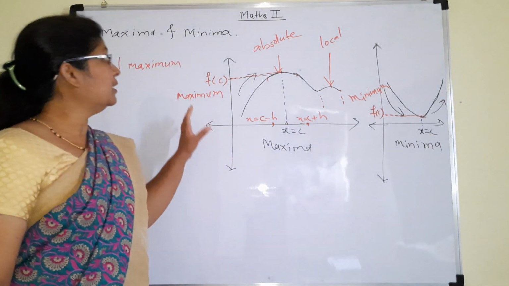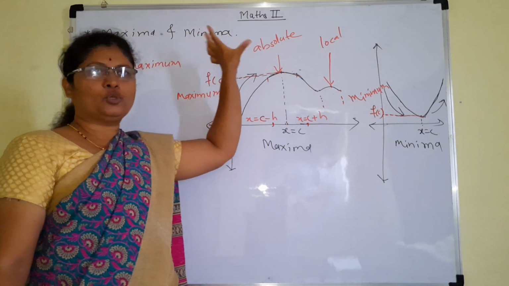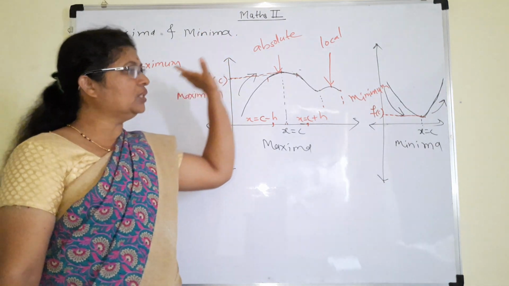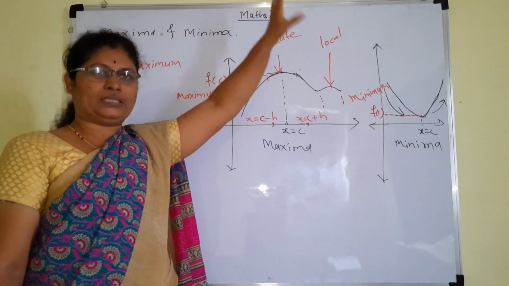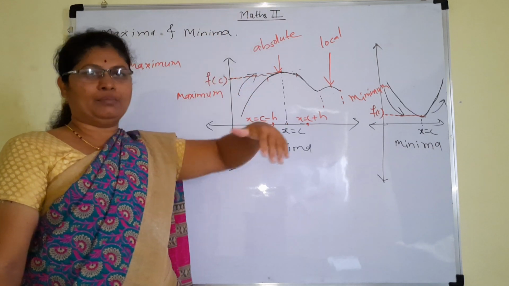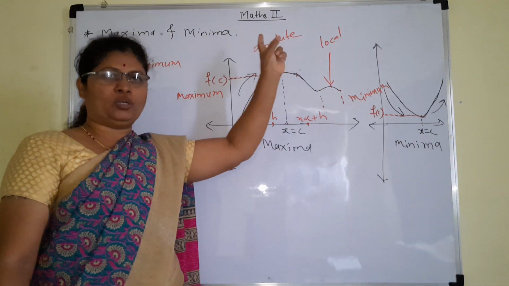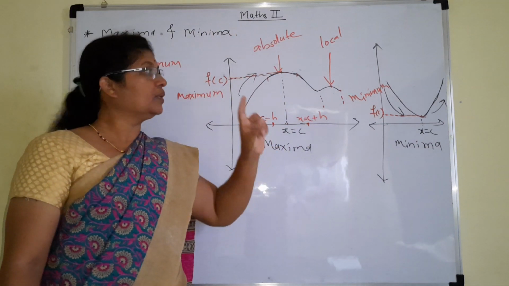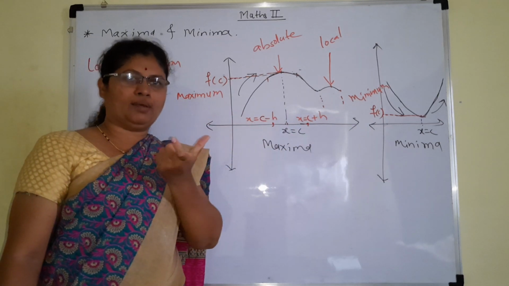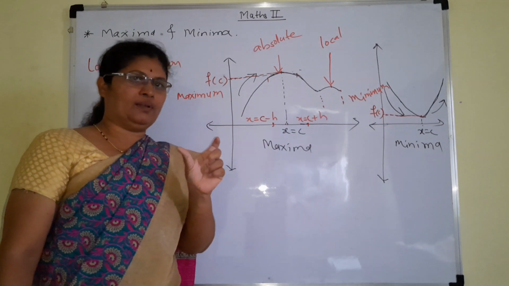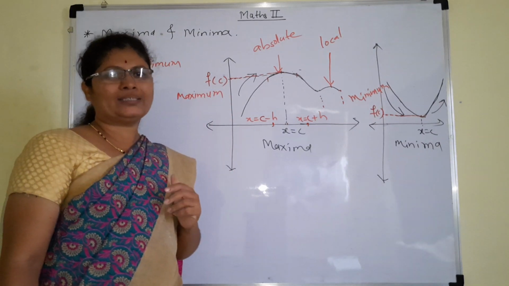So do you get this absolute and local maxima or minima? Absolute means what? Overall, throughout the function, throughout the graph, the value of that function will be maximum or minimum. So that is absolute maximum or absolute minimum. And local means what? We will consider that interval only, and in that interval only, the value where it is maximum is called local maximum.